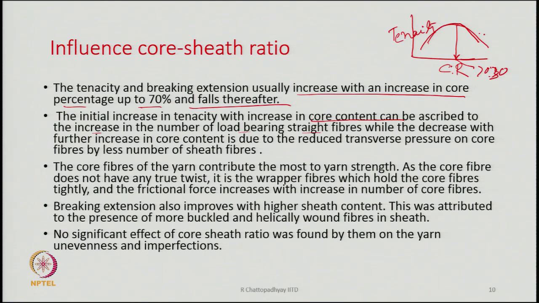So, why is it falling this side? Because the sheath component has reduced too much, and it is not in a position to generate sufficient transverse pressure on the core fibers, and therefore the core fibers as a whole are slipping when the load is given to the yarn.